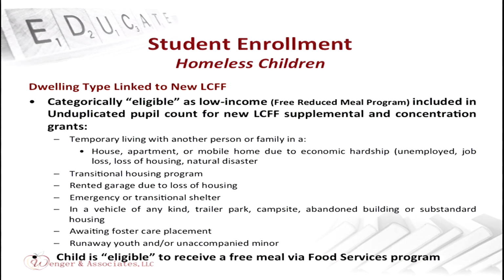The other one here is under the homeless children, just to let you know, it is linked to the additional funding that the state now gives you under the local control funding formula, because homeless children are automatically considered low income, and they may receive what's called the free and reduced meal program. They actually get free meals.